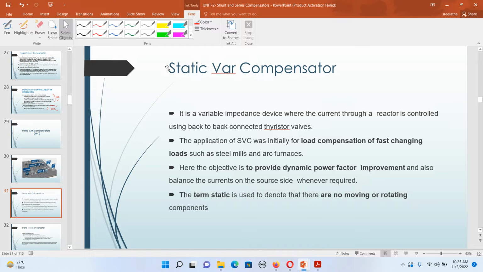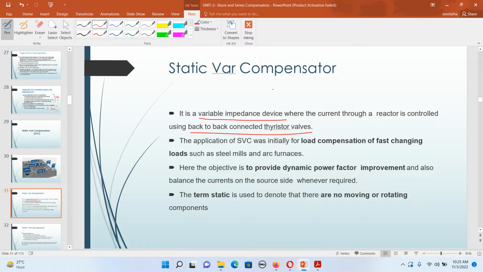Okay, so static var compensator comes under variable impedance, where the current through a reactor is controlled using back to back thyristor valves. We see that picture.